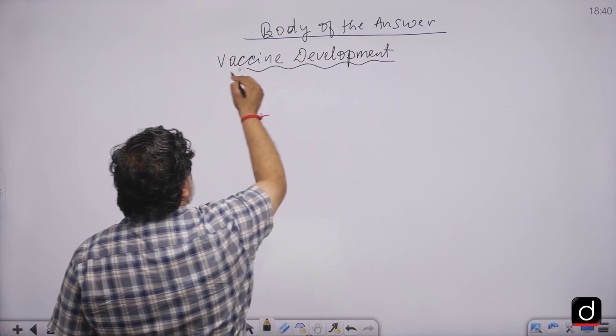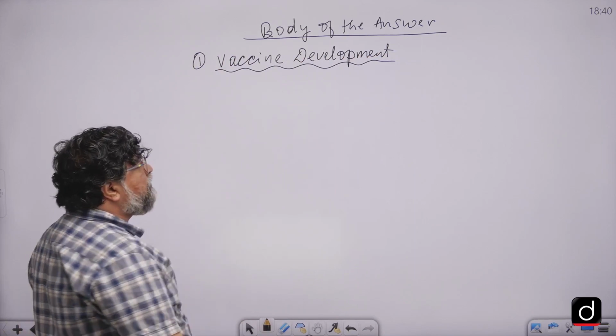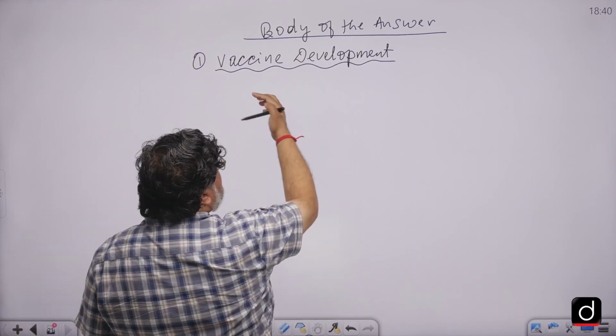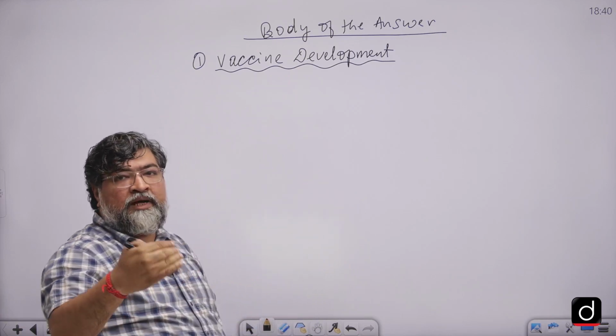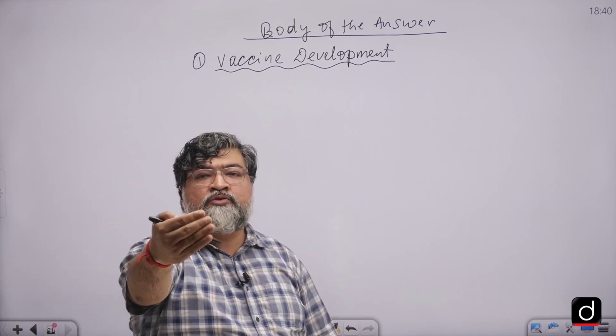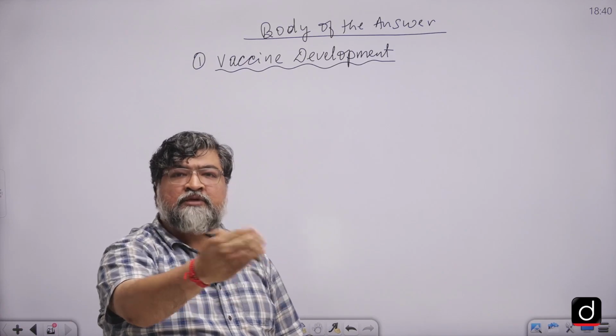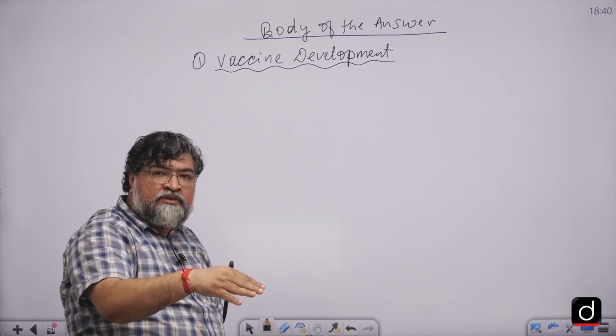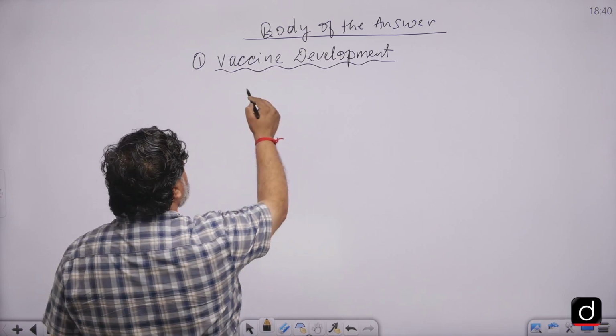The question is about vaccine development. First part comes to vaccine development. So in this you can write in a paragraph. Although I am giving you the points to understand and write an answer, you can write in a paragraph, or even if you want to write in points, you can do that.